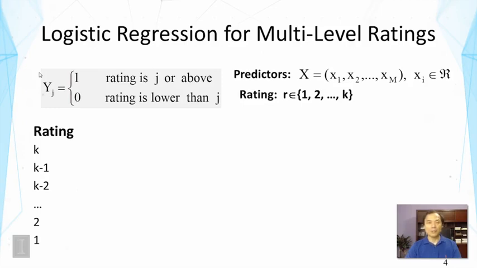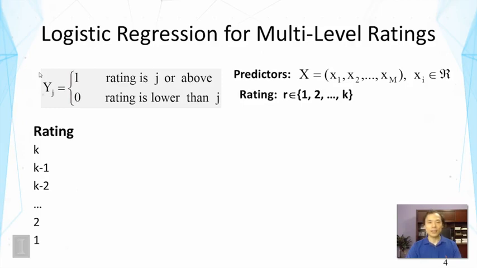And the idea is we can introduce multiple binary classifiers. And in each case, we ask the classifier to predict whether the rating is j or above, or the rating is lower than j. So when y sub j is equal to 1, it means the rating is j or above. When it's 0, that means the rating is lower than j.